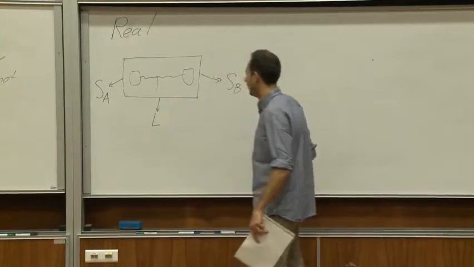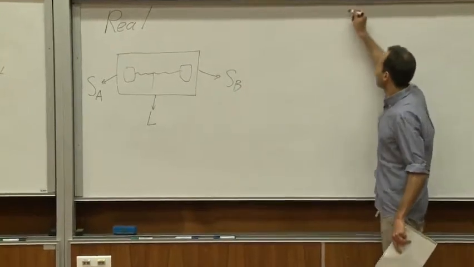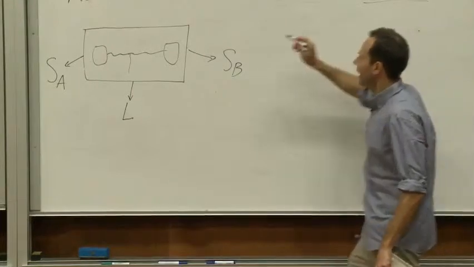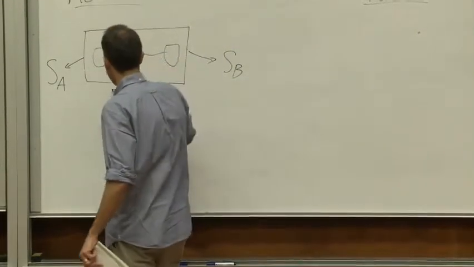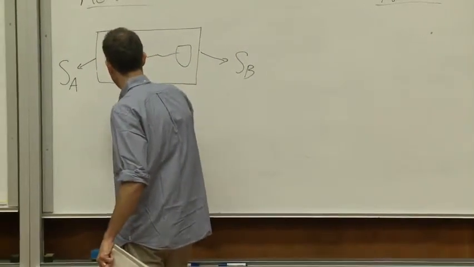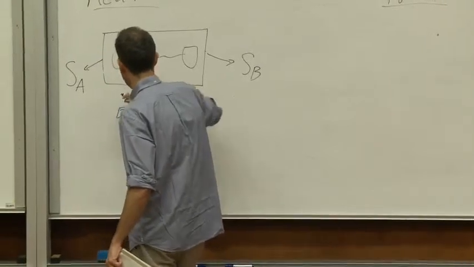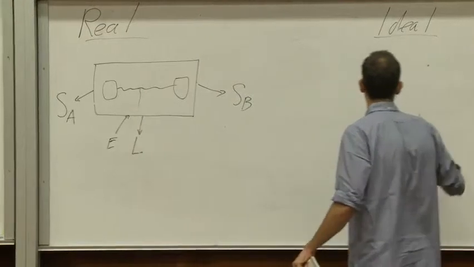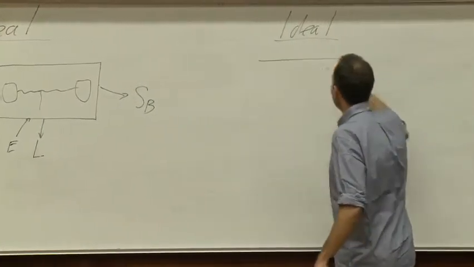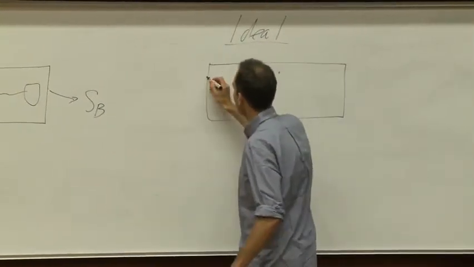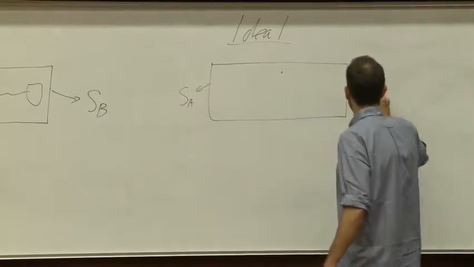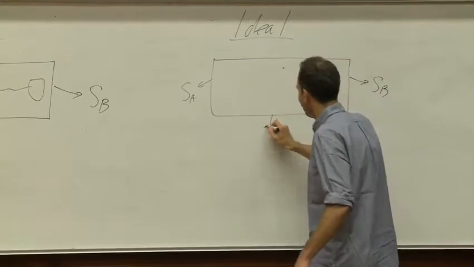Let's call it L. Now, there is some ideal thing, which is the thing we would expect. And by the way, the real thing could also provide the adversary some possibility to influence these keys. So I put here an input E that the adversary could give. The ideal thing that we would like to have is something that just gives out a key to Alice, a key to Bob, and nothing to the adversary.